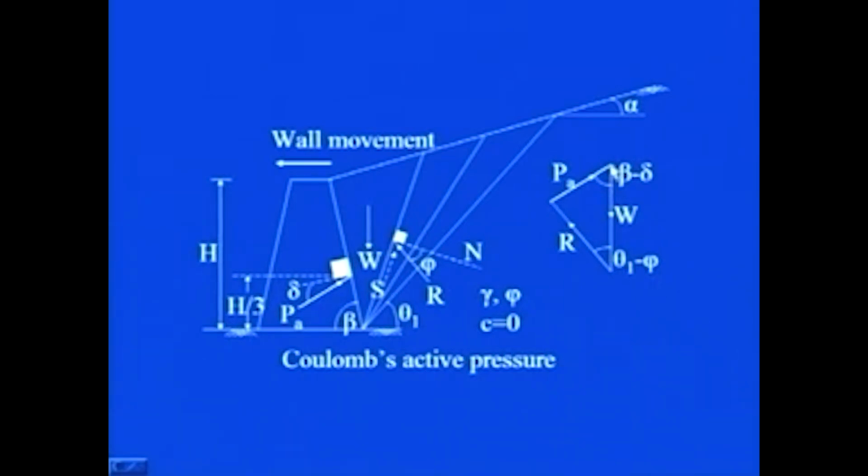So, first of all, we draw a line parallel to the line of action of W and of that particular magnitude. Now, we draw a line which is parallel to the line of action of the resultant. What is that? That makes an angle phi from the normal to this wedge surface.